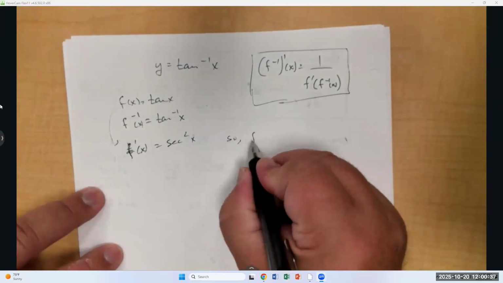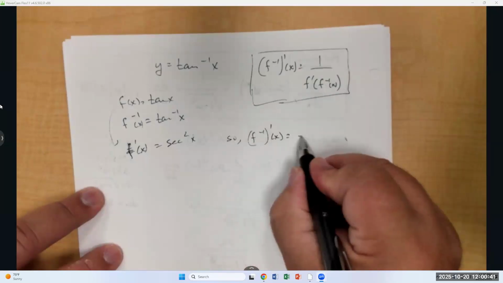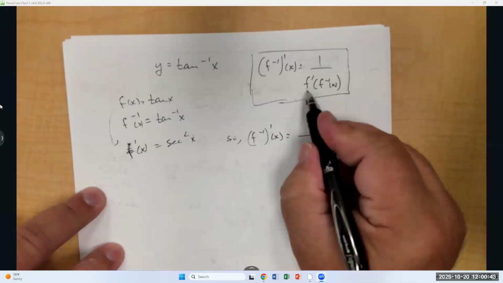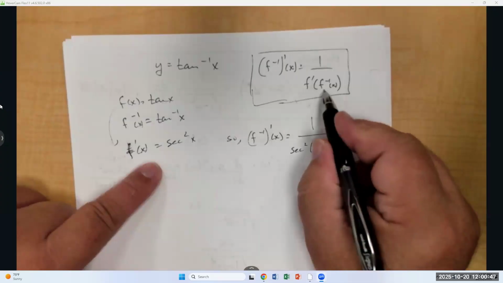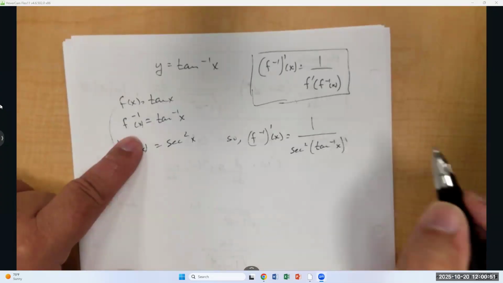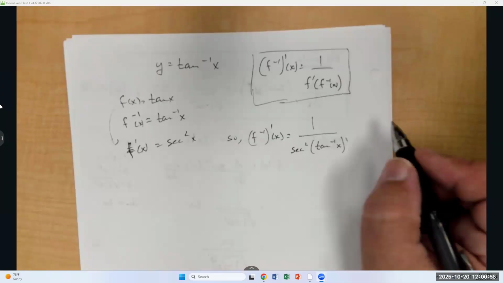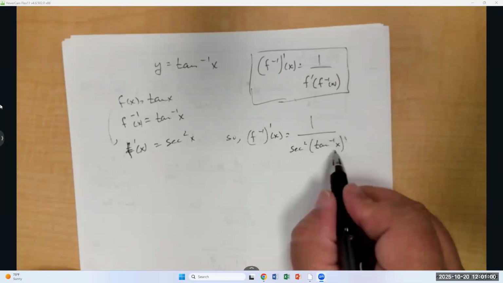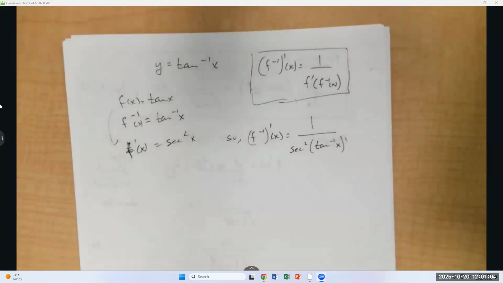So according to this, the derivative of our inverse, f prime is secant squared, f inverse is tangent. Okay, so what do we do with this? Remember, in order for us to cancel these out, they have to be the same value.